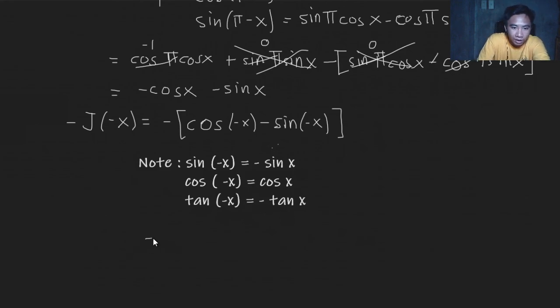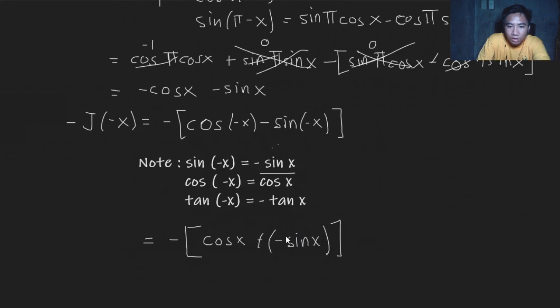So, by that, ang sagot natin ay si cosine negative x is equal siya sa cosine x. And then, sine negative x equal to negative sine x.